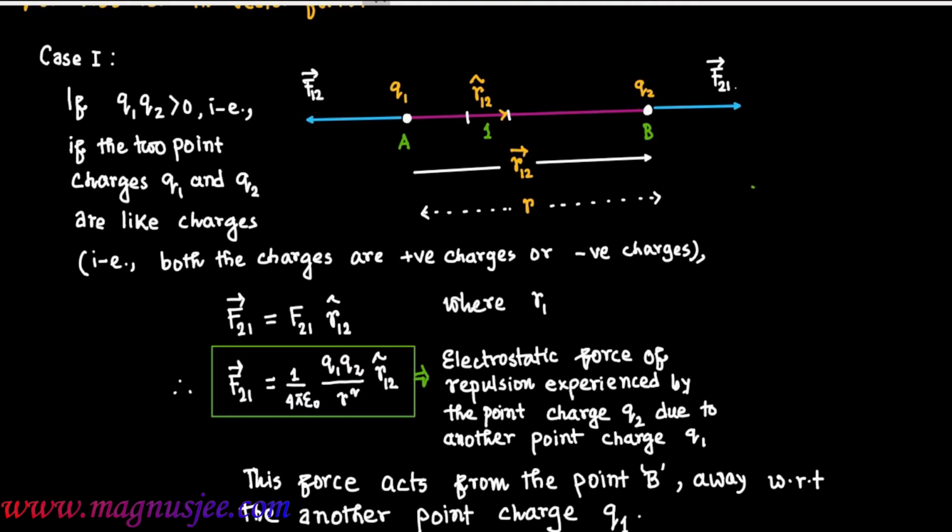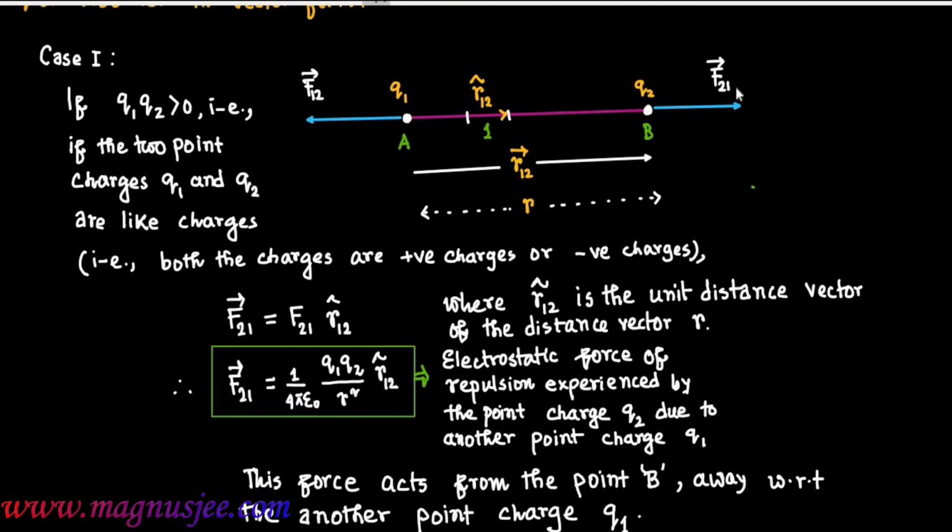Here r12 cap is the unit distance vector of the distance vector r12 of the charge q2 from the other charge q1.